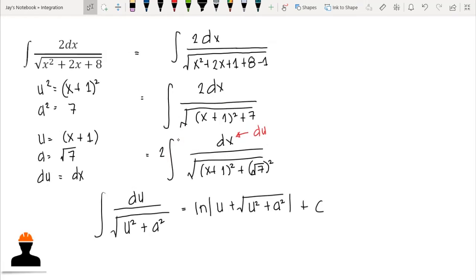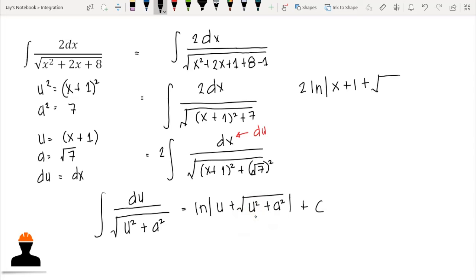So let's continue. We have this function here, that is the natural logarithm. Since we have satisfied our du, we can directly use this one. However, don't forget we have 2 outside of the integration, that is, we have here 2. Then we use this form here, the natural logarithm of our u. Our u is x plus 1, correct? Plus the square root of u squared plus a squared.